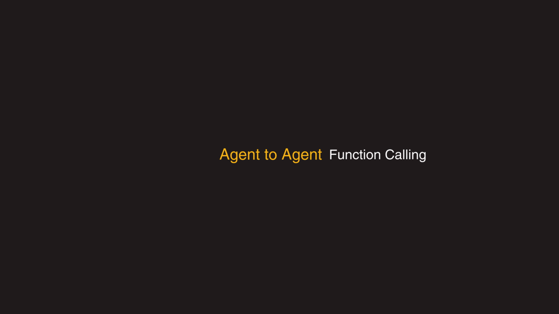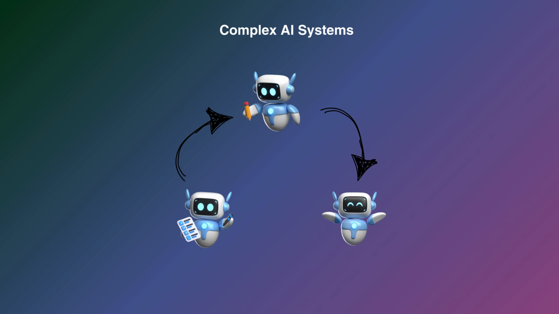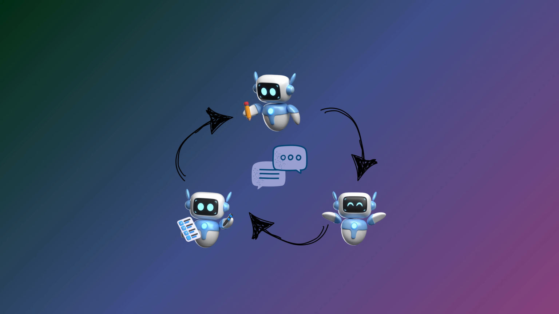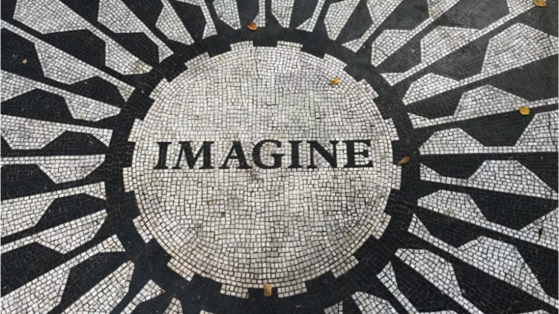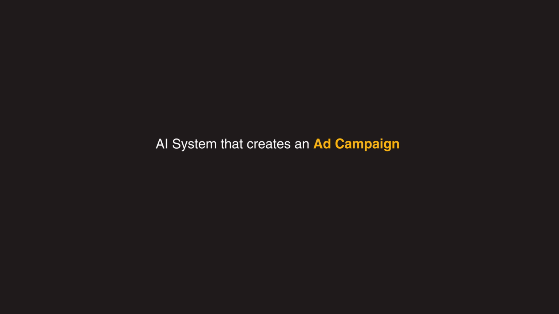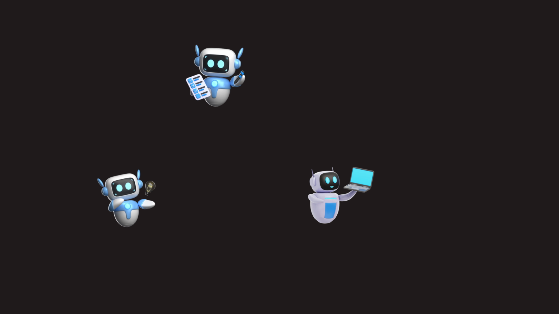Now, let's take a step further and see agent-to-agent function calls. In complex AI systems, multiple agents communicate and call functions within each other to complete a task. Let's take an example for this too. Example of a marketing automation AI. Imagine an AI system that creates an ad campaign. To generate an effective marketing strategy, we need to have different agents working together.